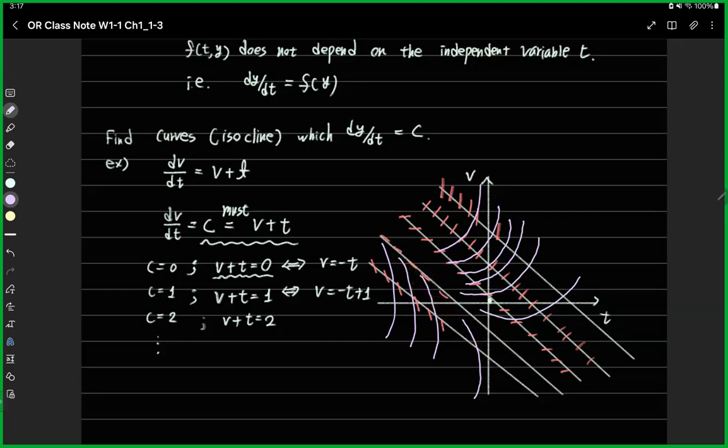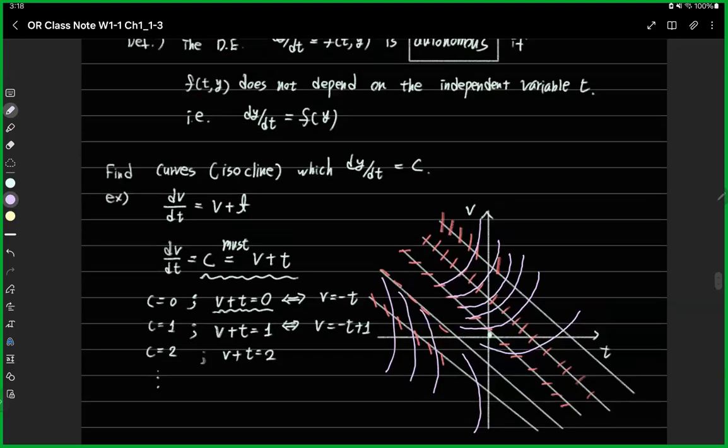So we can see that the solution just approaches that line. Or you can say as t approaches infinity, the graph goes upward or downward, to infinity or negative infinity. It's kind of divergent, right? Okay, that's the example of the method of isocline.